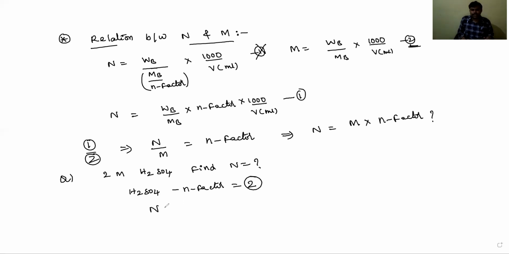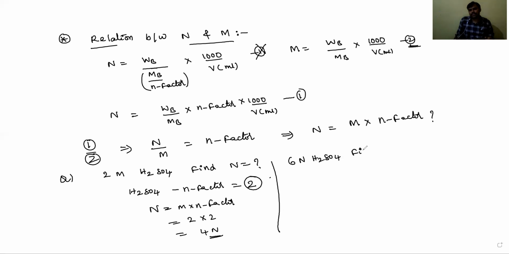Then normality is equal to molarity into n factor, which is 2 into 2, equal to 4 normal. Otherwise, for example, 6 normal H2SO4 is present.